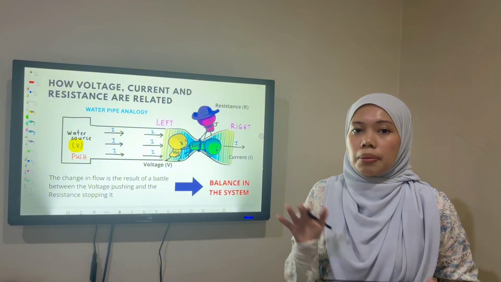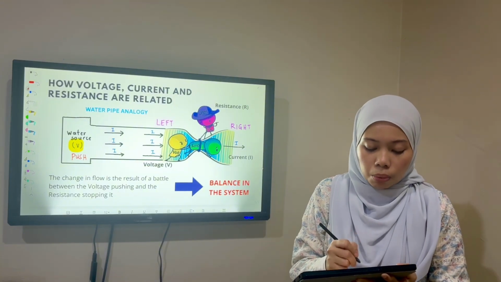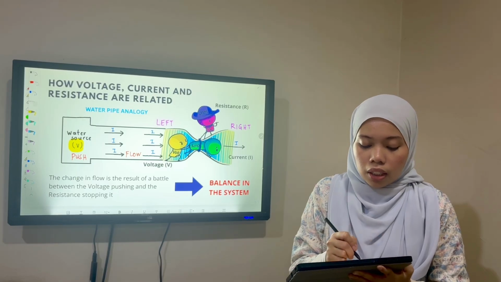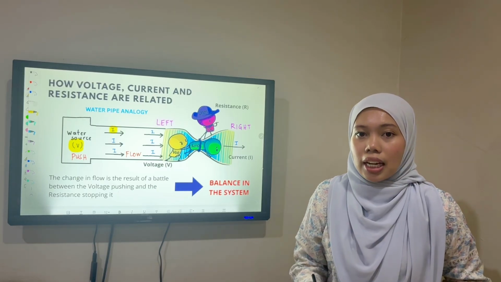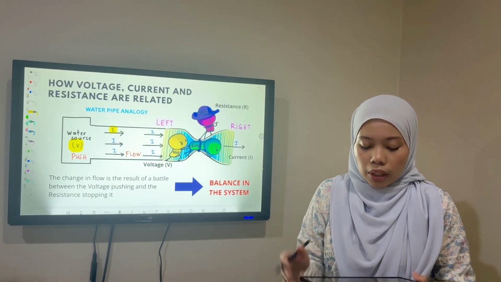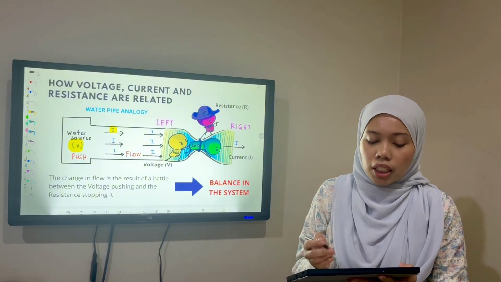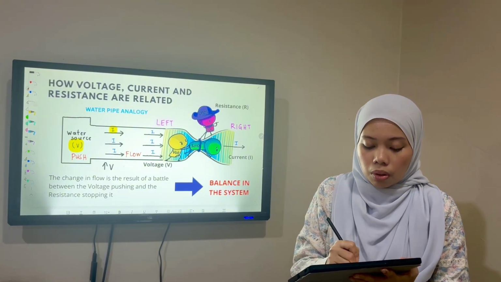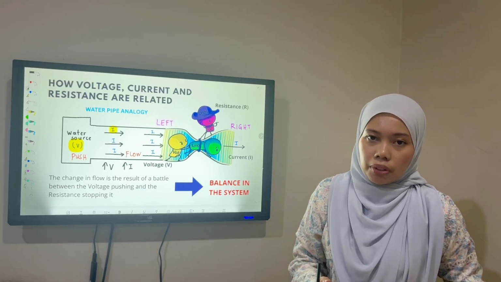When the charge is being pushed, what happens? They will flow. This flow of the charge, we know it as the current. In this situation, when we increase the voltage, the current would also increase.